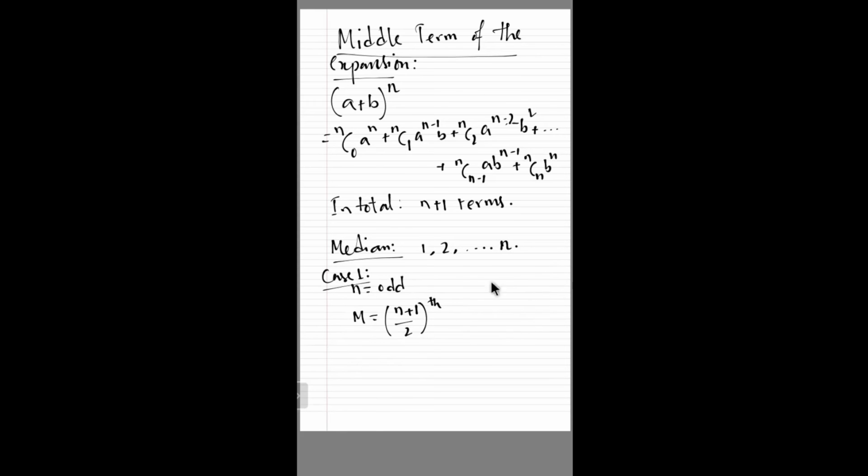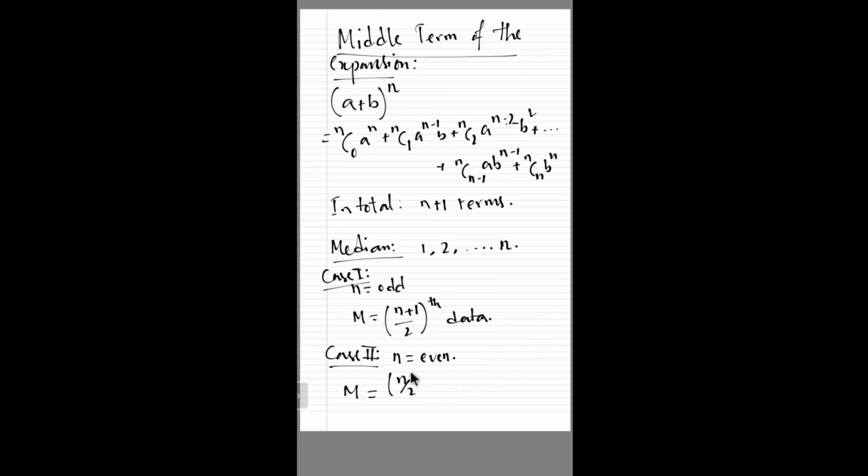So if you are having the values 1, 2, 3 up to n, the (n plus 1) by 2th data will be your middle data. In the same way, for case 2, if you are having the same number of data, 1, 2, 3 up to n, where n is becoming even, then there will be two middle terms actually.